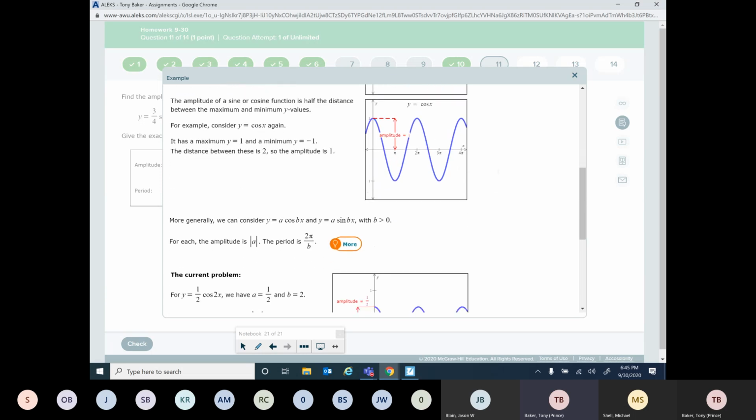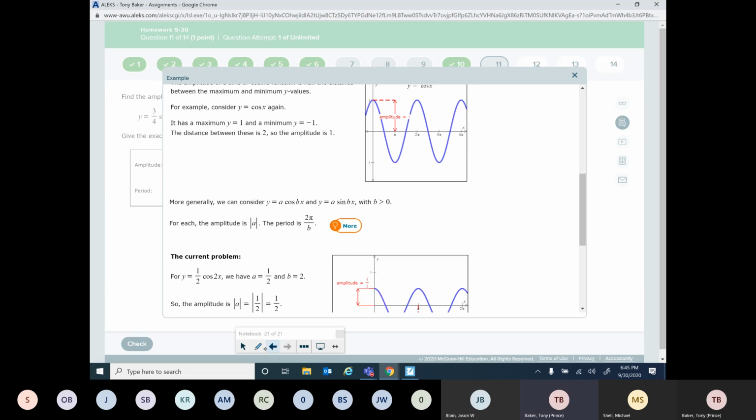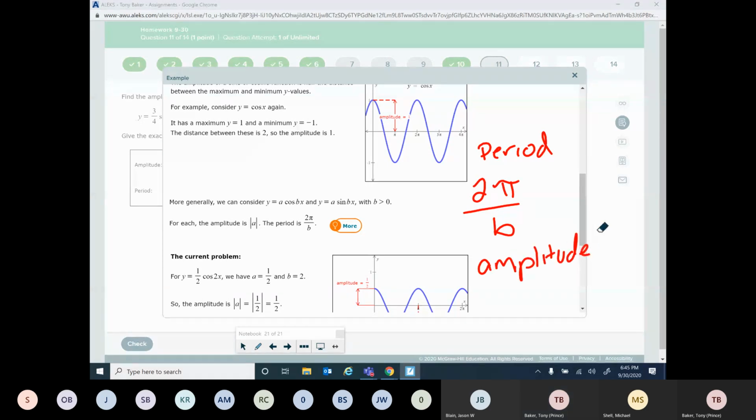So to figure out your period, the period is 2 pi over b. So that's my period. And then my amplitude is the absolute value of a.